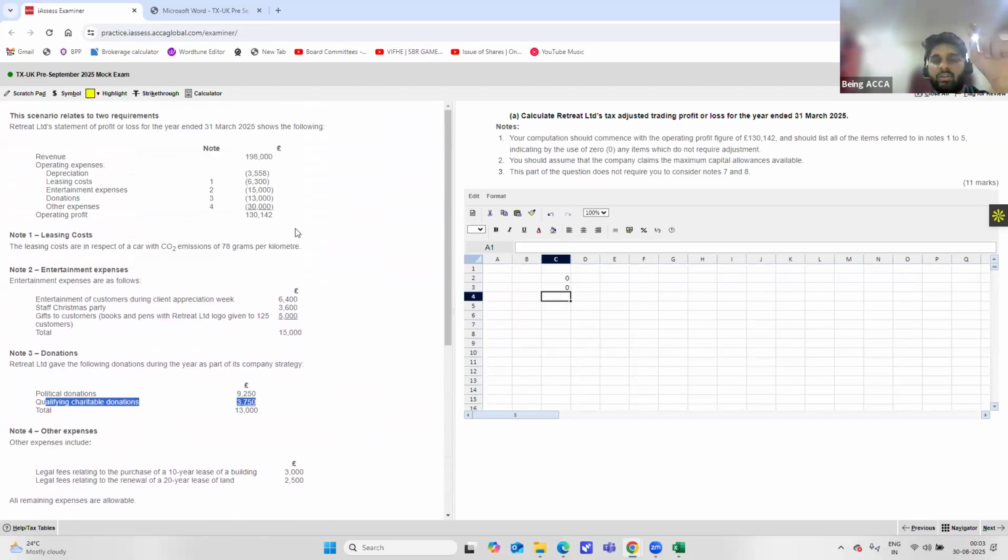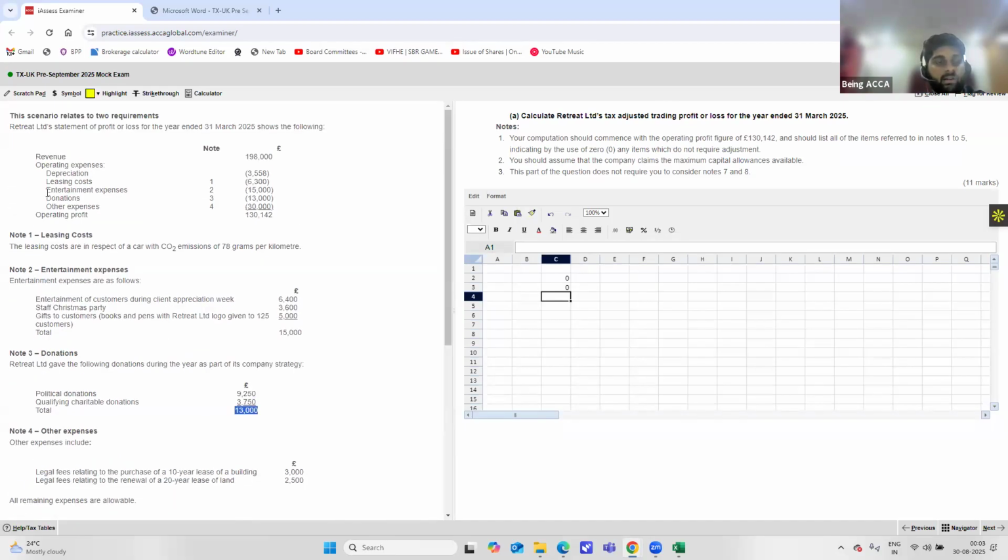QCDs are disallowed from your tax-adjusted trading profit computation because they will be deducted from your total taxable profits. Got it? That is an important point to remember. Like political donations, QCDs are added back. But always remember, political donations are always disallowed.